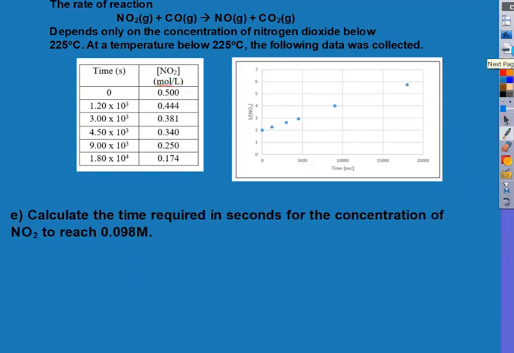Last one, go ahead and solve E, restart when you have your answer. So this one, we are still using second order. They gave us the final concentration. Our k is still from C, but we're looking for time. And our initial, still from the beginning.